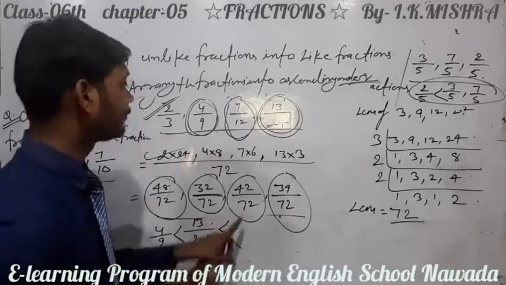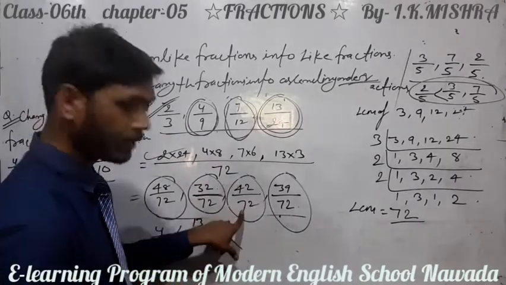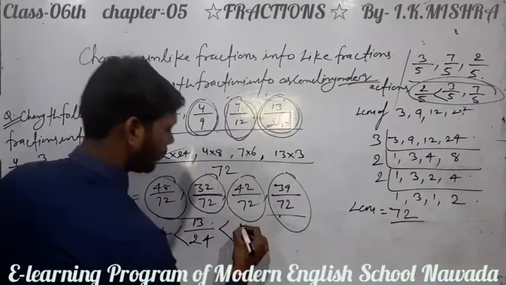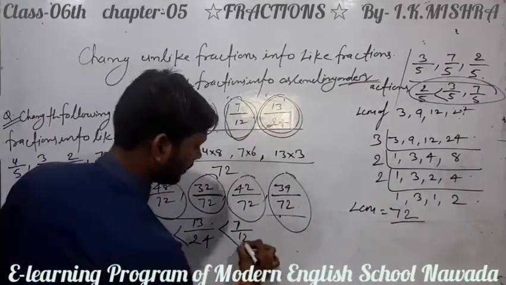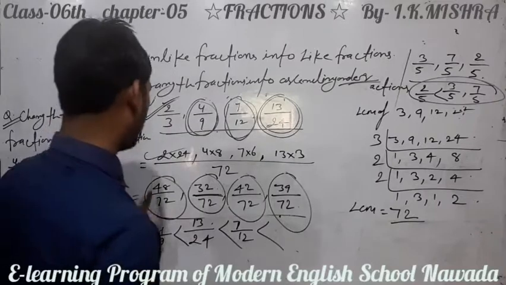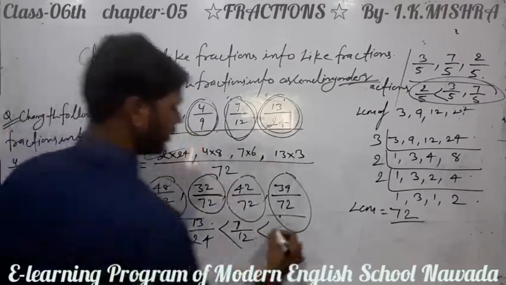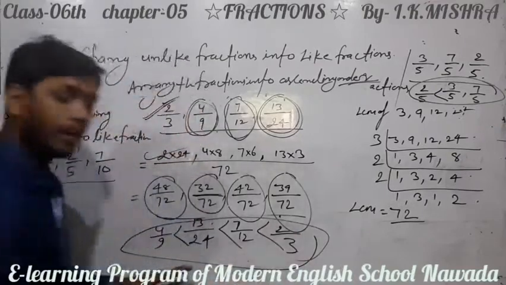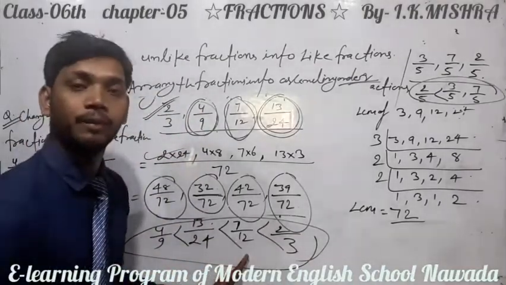After that 42 by 72, and 42 by 72 is written for 7 by 12. So students, after that 7 by 12, and after that 48 by 72, that means 2 by 3. Students, this is the arrangement in ascending order.